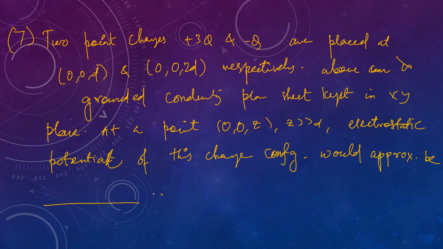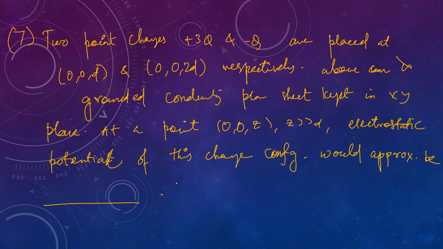Two point charges plus 3q and minus q are placed at these positions above an infinite grounded conducting plane sheet kept in the xy plane. At a point (0, 0, z), the electrostatic potential of this charge configuration is approximately, okay.